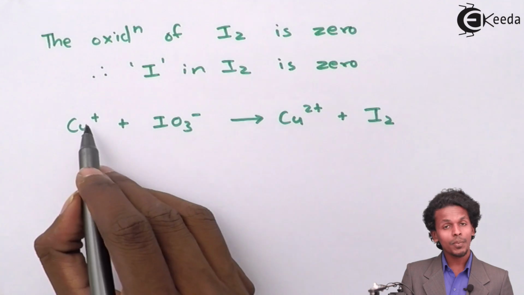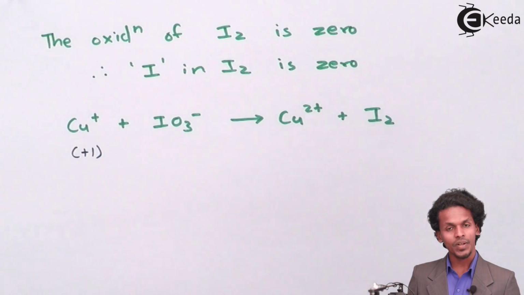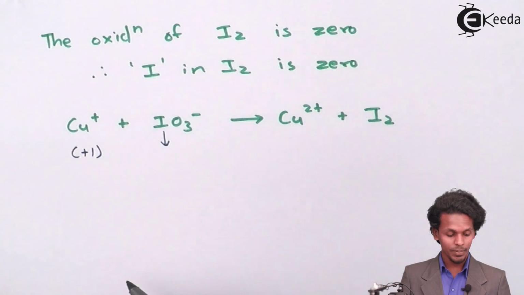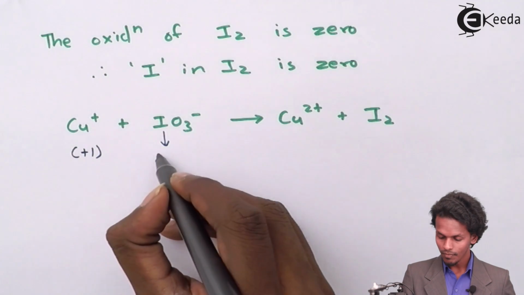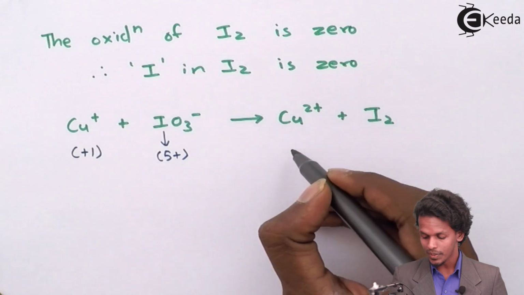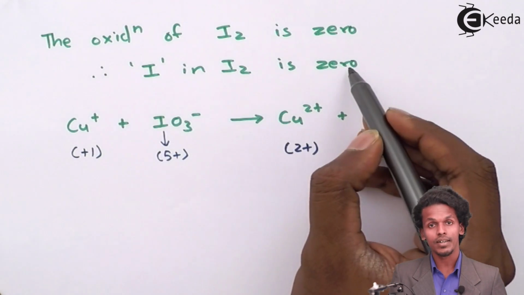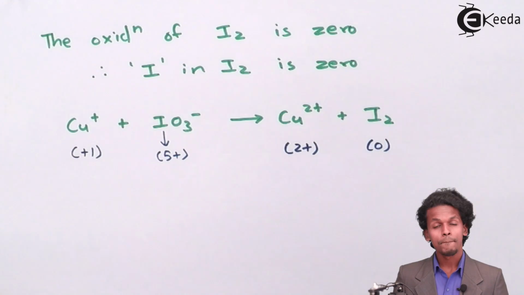The oxidation number of Cu+ is +1, while the oxidation number of iodine in IO3- was found to be 5+, while for Cu2+ it is 2+, and for iodine we have determined it as 0.